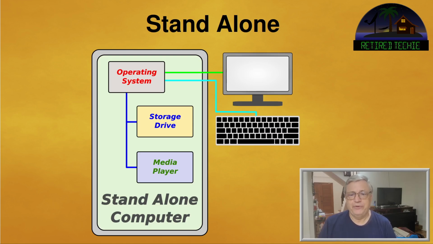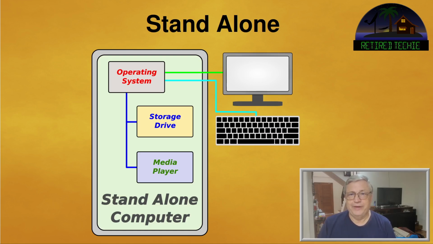Anyway, you have a computer, you have an operating system, you have a storage drive, and then you have a media player of some sort. All your media, your videos, pictures, music, what have you, is located on this computer. And I should mention, as we get further on, I'm going to stop talking about the operating system, just assume it's there.